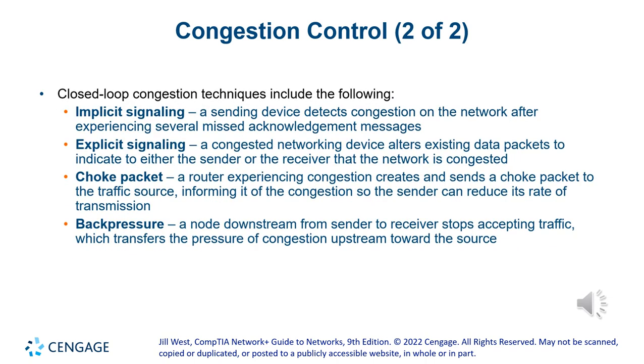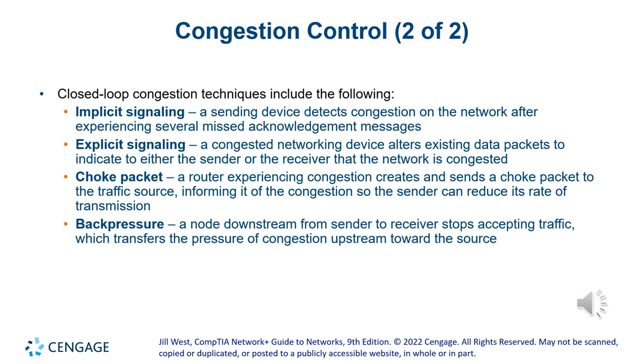Now for the closed loop congestion control, there are several methods that the network will use. The implicit signaling is just to detect the congestion, and it sends some messages that some misinformation was sent. The explicit signaling is when it happens on the network, but then you alter the data packets to tell the sender that something is happening, something is wrong.